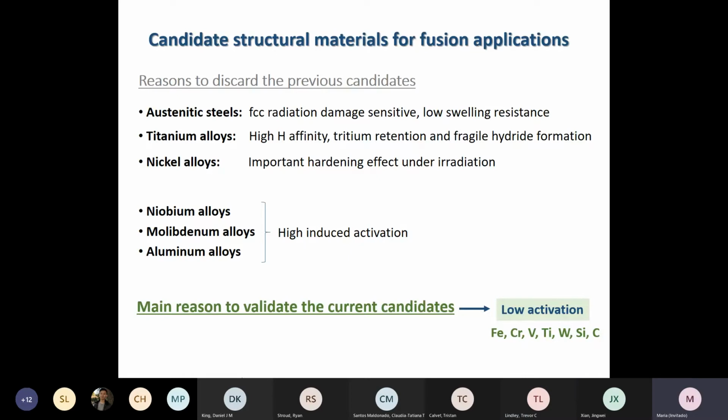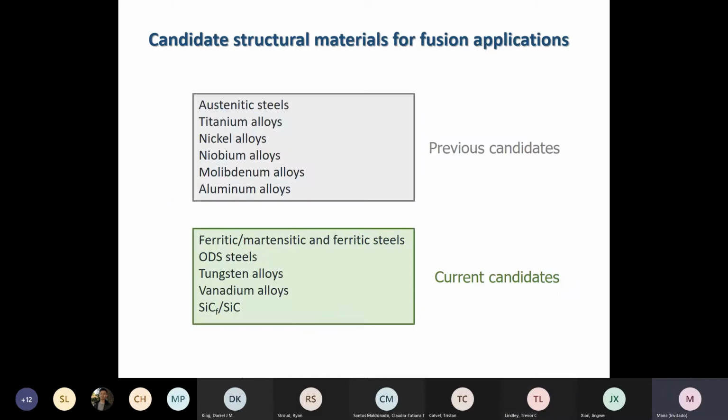And the current candidates that we mentioned, the elements that they mainly have are all of low activation. So that's why we mention them as current candidates, because this low activation is one of the main reasons: waste with high long-term radioactivity should not be generated.